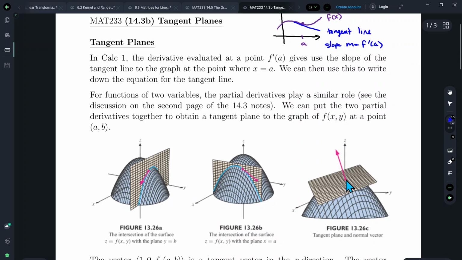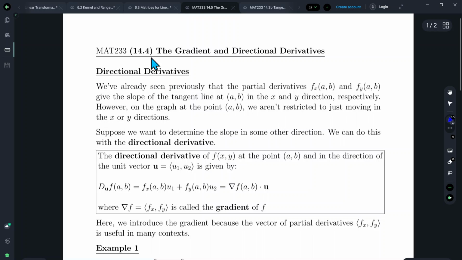So suppose we want to travel in some other direction in between, like here in some diagonal direction, not following the grid lines. There's a slope in this direction also, that's in between the slope in the x direction and the slope in the y direction. So that's what we're trying to calculate when we calculate a directional derivative.